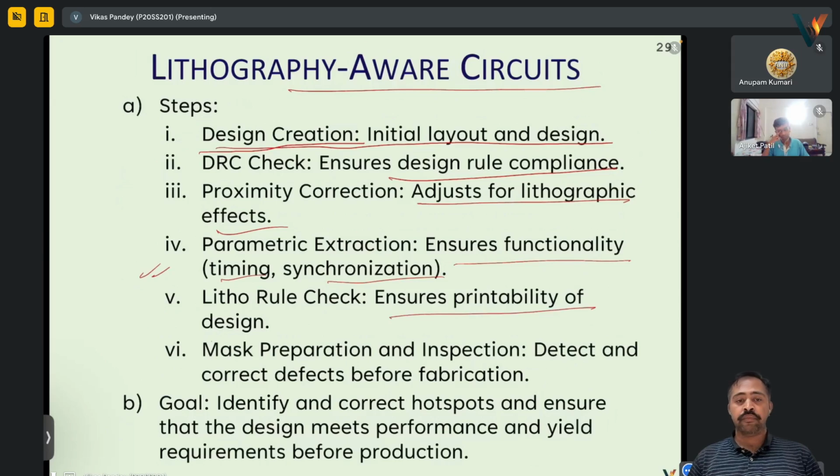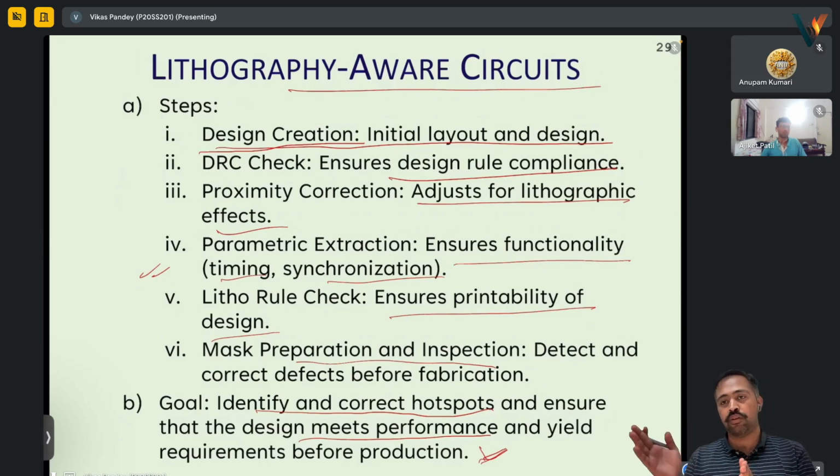Then we do the mask preparation, and then we do the inspection, like we will check all the critical areas. That will ensure that we identify and correct hotspots, any critical area, and ensure that the design meets performance and yield requirements even before we start the production. Because here we are talking about design. So the mask is a design of the process that we will do later on. But the mask itself, if it has problems, it will lead to a lot of problems.